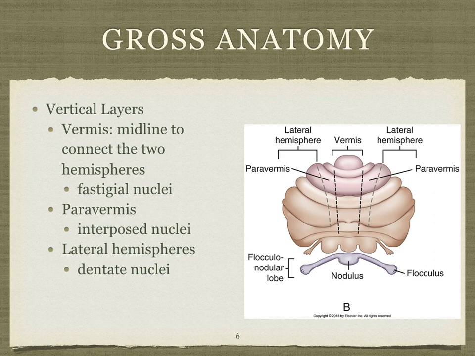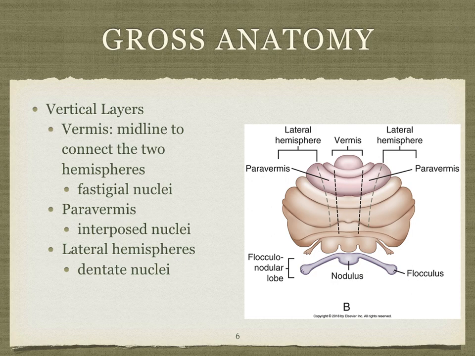Now our paravermis involves a lot of our movement through our proprioception, so that's getting input of movement-related proprioception essentially. And then our hemispheres, which are the largest, this is what influences a lot of our output to the motor cortex.